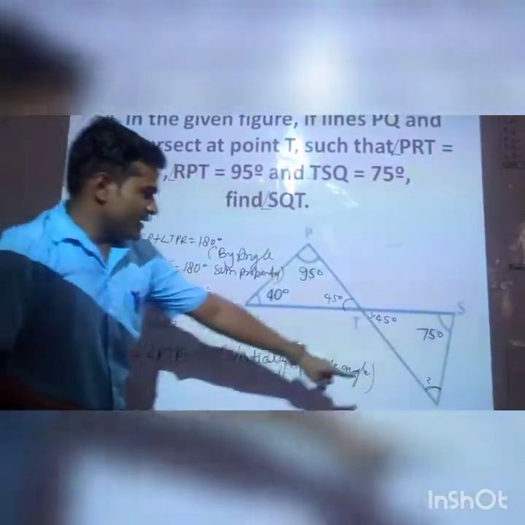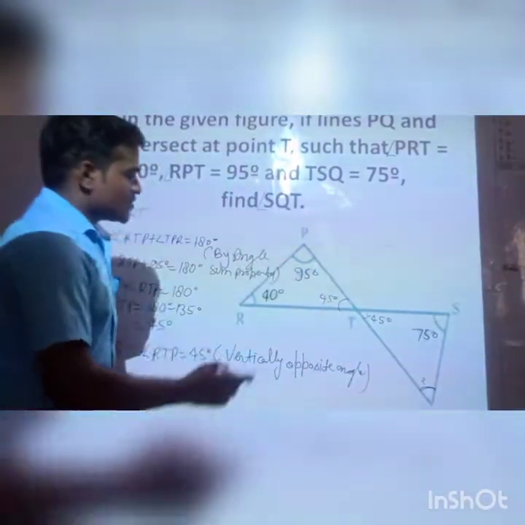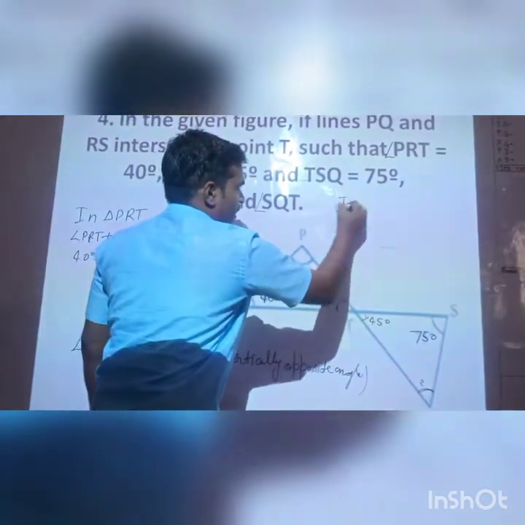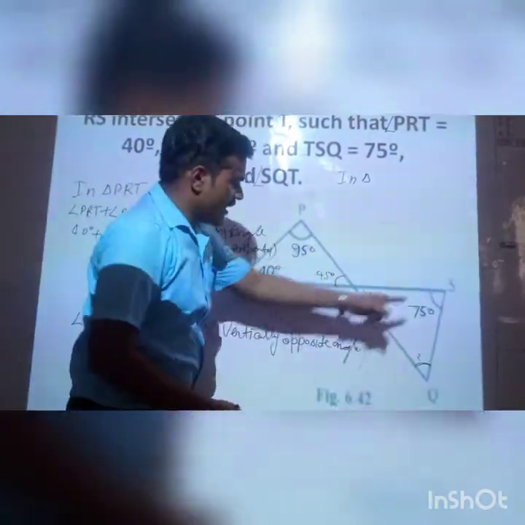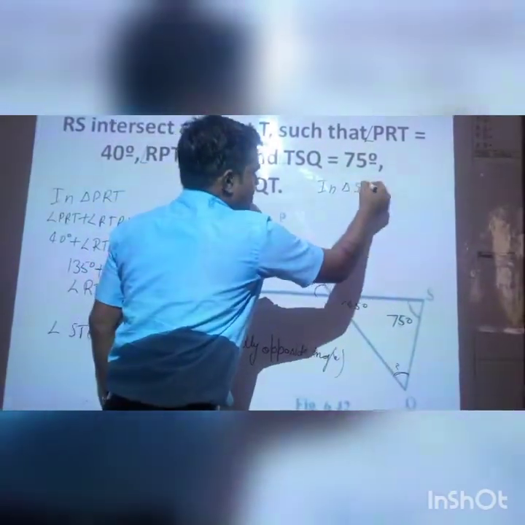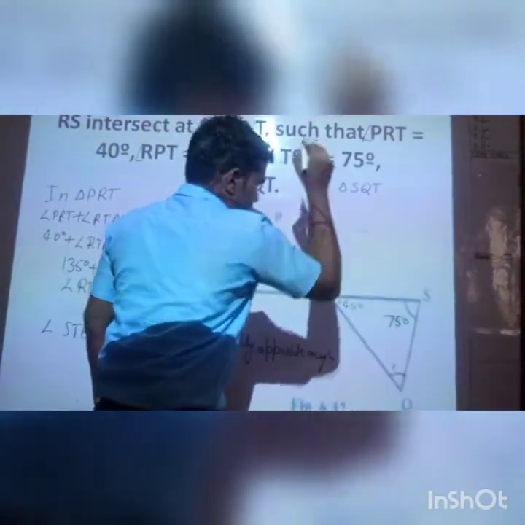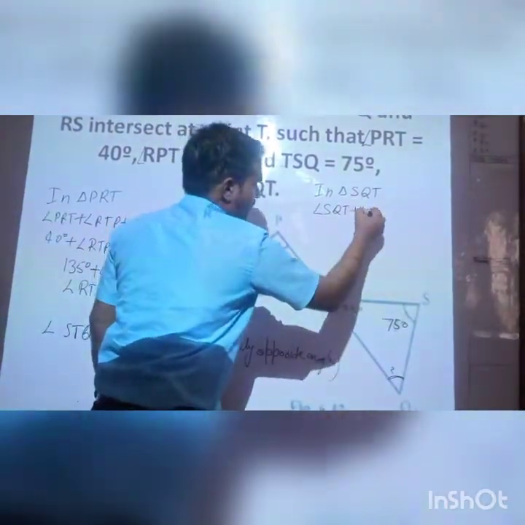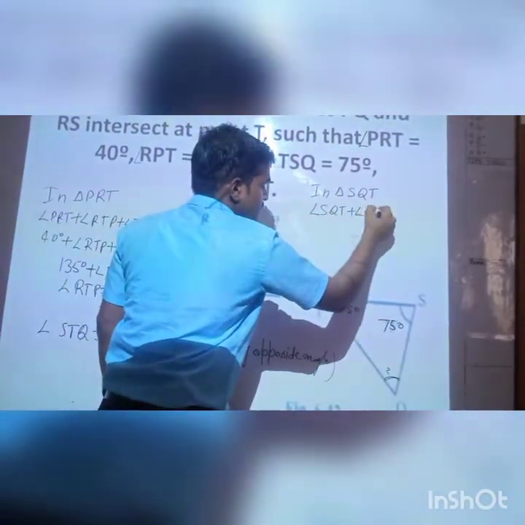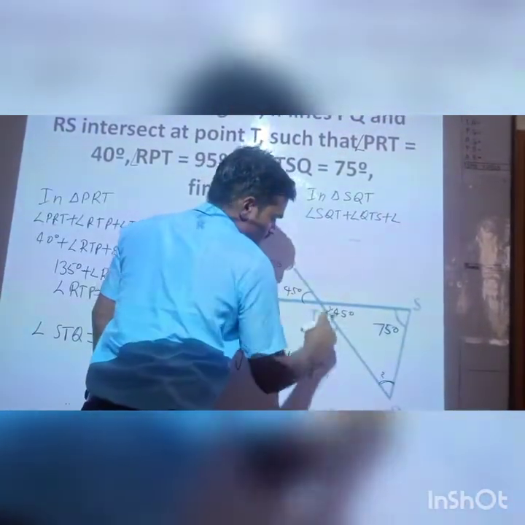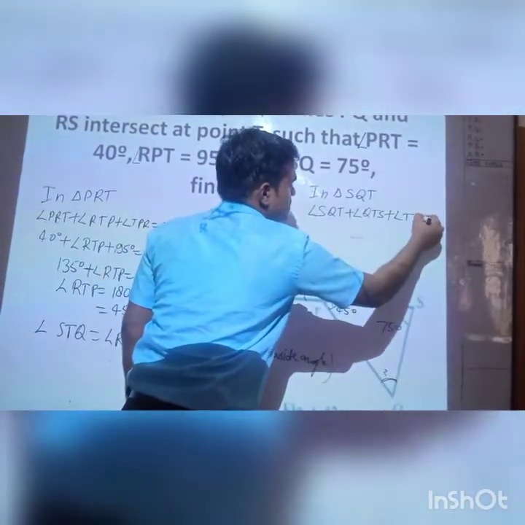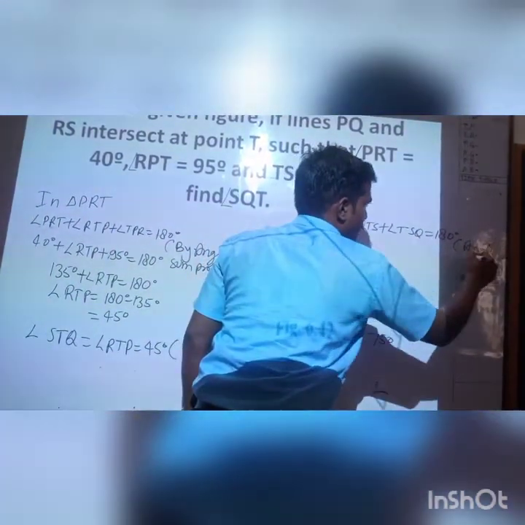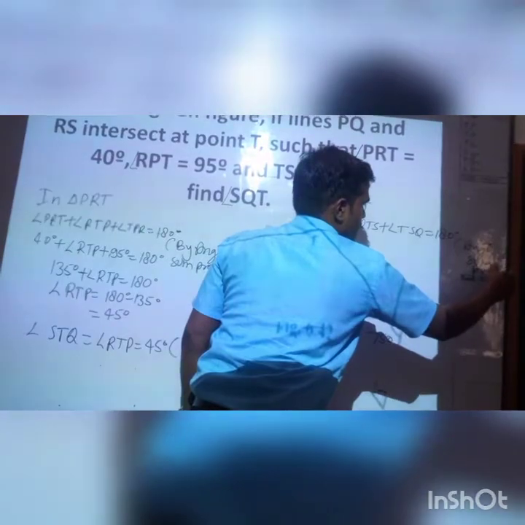Now we have to find angle SQT. Easily we can find it by applying the angle sum property. So write there, in triangle SQT, angle SQT plus angle QTS plus angle TSQ is equal to 180 degrees by angle sum property.